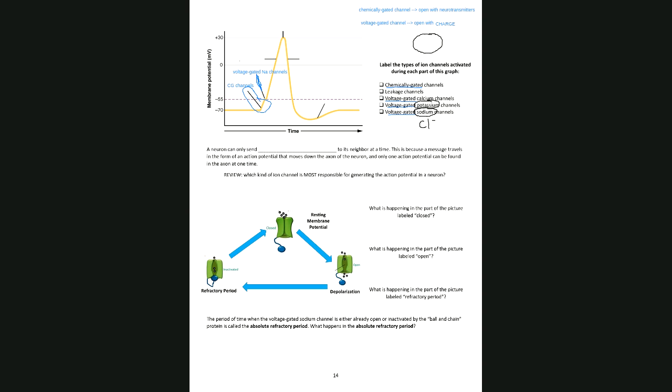Which one do I have a lot of inside a cell? Do you remember? Potassium. Lots of potassium inside. On the outside of the cell, we've got a whole lot of sodium, and a whole lot of chloride. Both of those are on the outside of the cell.